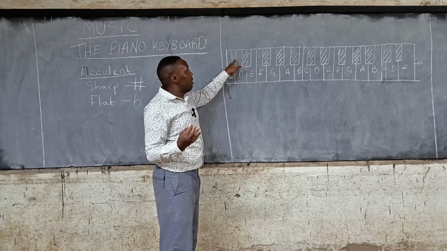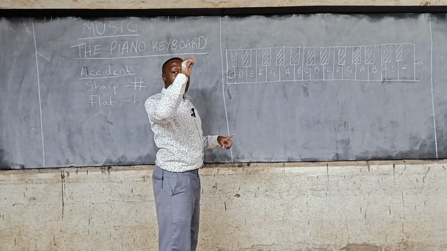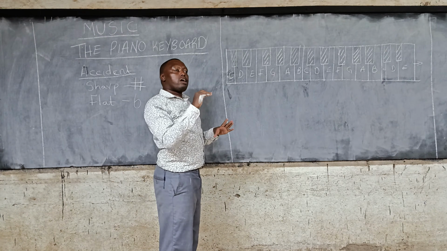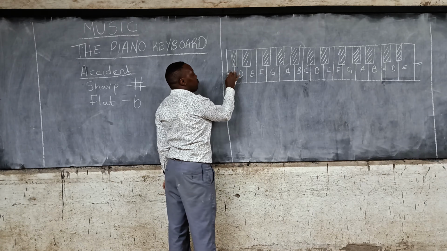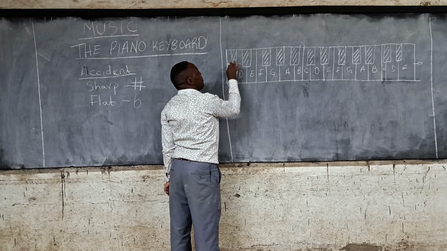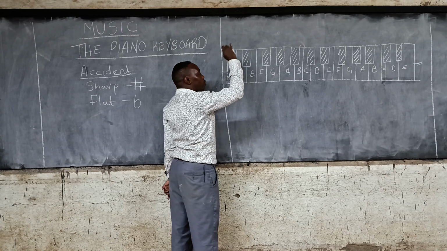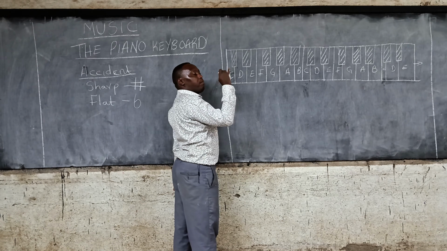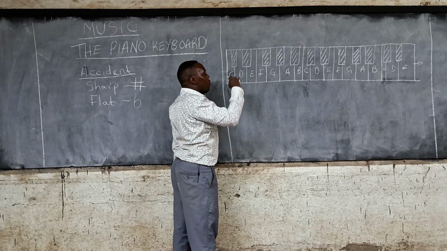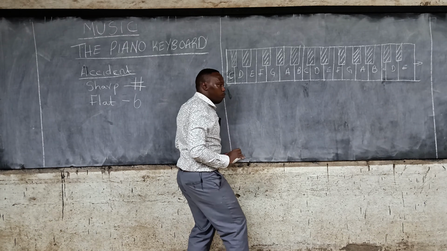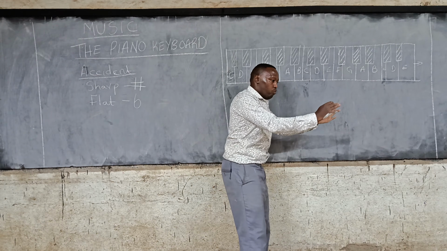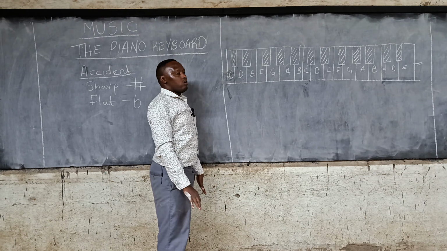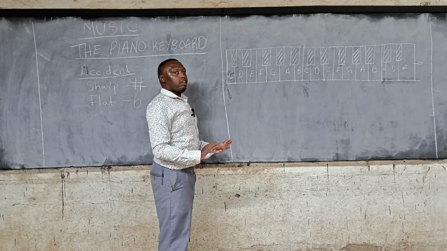From C to this black key, the pitch goes high. So as it goes high, this will not be C, it will be C but a higher one. When we move up, a sharp is added. When we move down in our pitches, a flat is added.